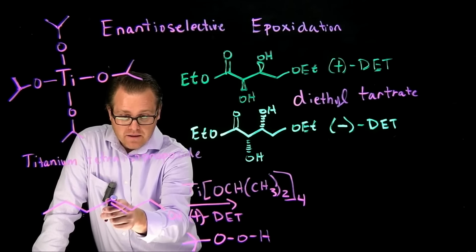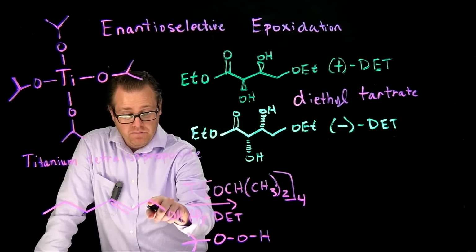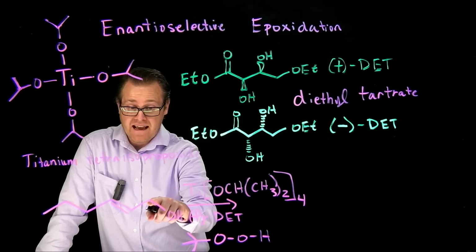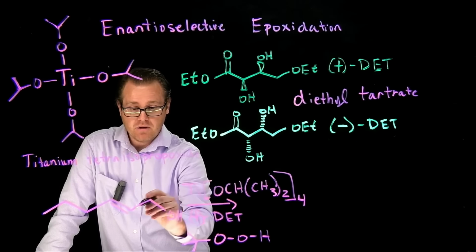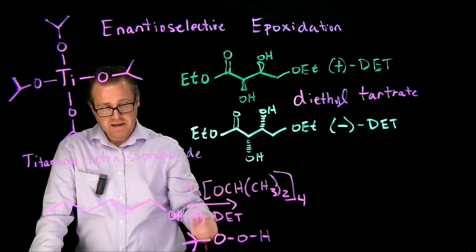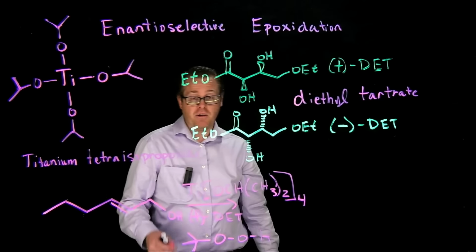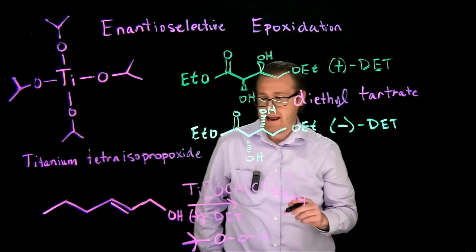So there's our alkene. That's the allylic position. And attached to that allylic carbon is an alcohol. So you have to have an allylic alcohol, these three conditions right here, and then you are going to form one epoxide. You're not going to form enantiomers.